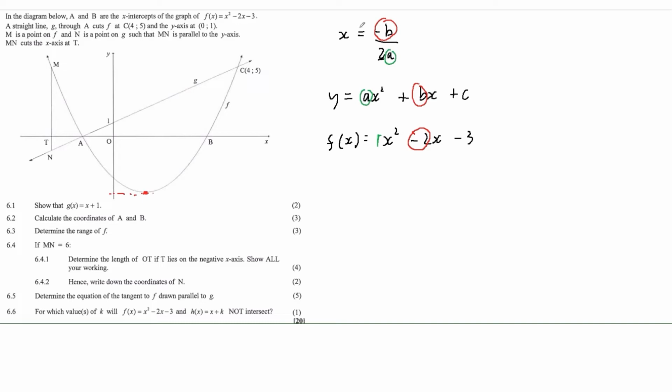So we're going to substitute that into our turning point equation. So x is going to be -2 divided by 1. And because we're minusing a negative, it's going to become +2.